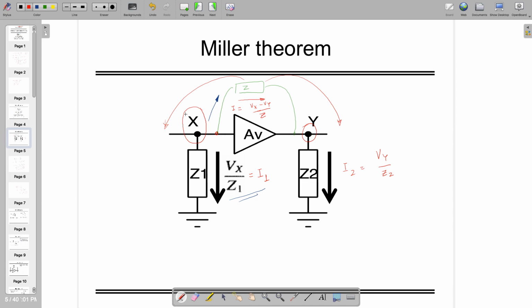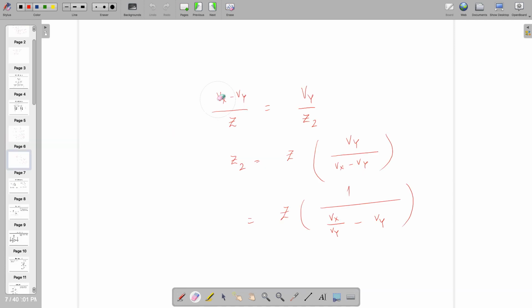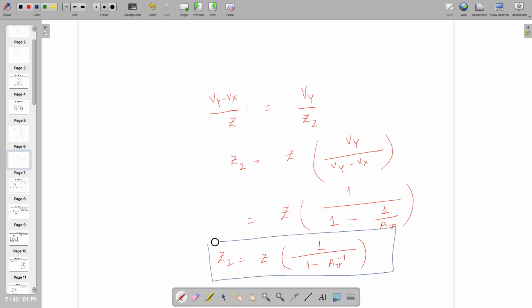Reference potential is different, so the current flowing through this one has to be Vy minus Vx divided by Z. So this is going to give us 1 minus 1 by AV, or you can say that Z2 is nothing but Z times 1 by 1 minus 1 by AV, right? Let's highlight this and keep it somewhere else, right?